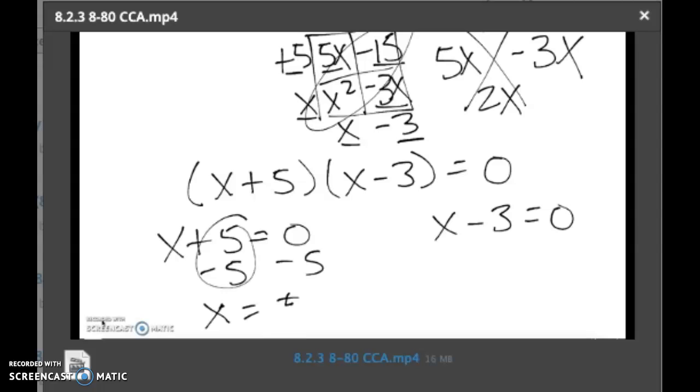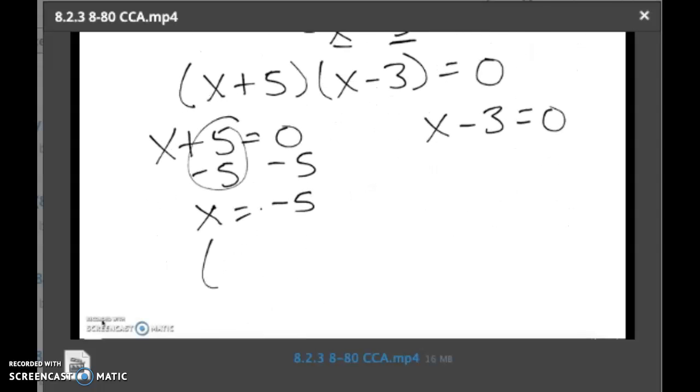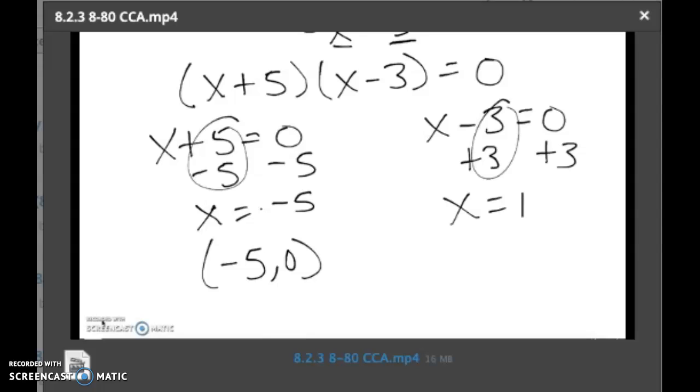I get that one of my roots is at negative 5, so negative 5, 0. And my other root, my other x-intercept, is at 3, so at 3, 0.